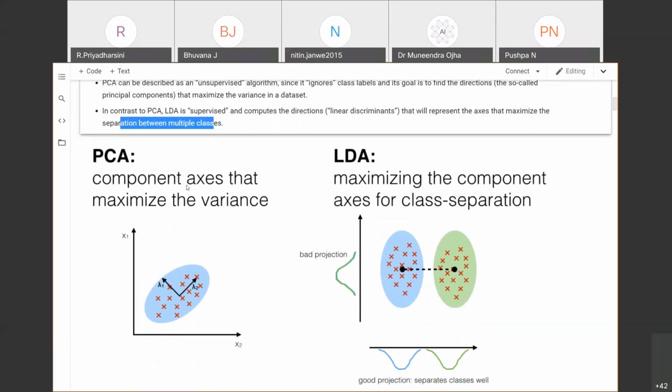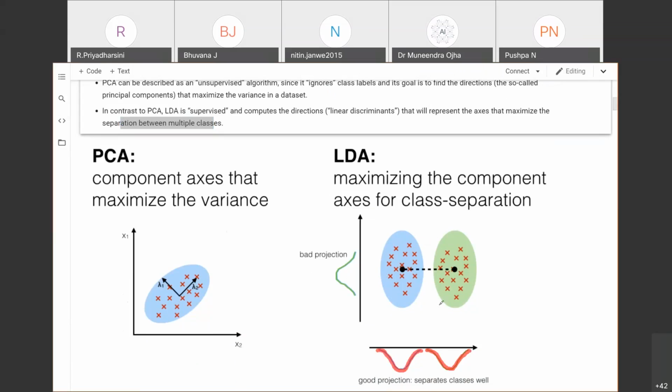In PCA, we are trying to find the component axis which maximizes the variance. However, in LDA, our objective is to find this separation. You observe over here, we have got two classes. One class has a positioning like this, and the variables of another class have a positioning like this, right?